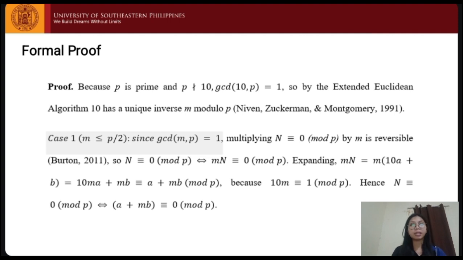This transforms the expression into a plus m times b congruent to 0 modulo p. Therefore, n is divisible by p if and only if a plus m times b is divisible by p. This proves the addition version of the theorem.